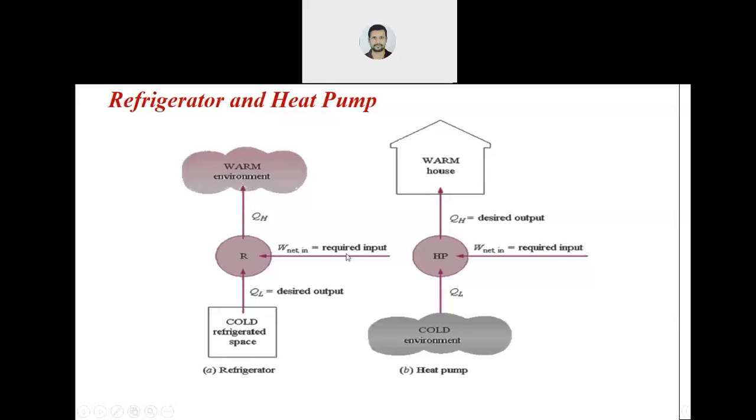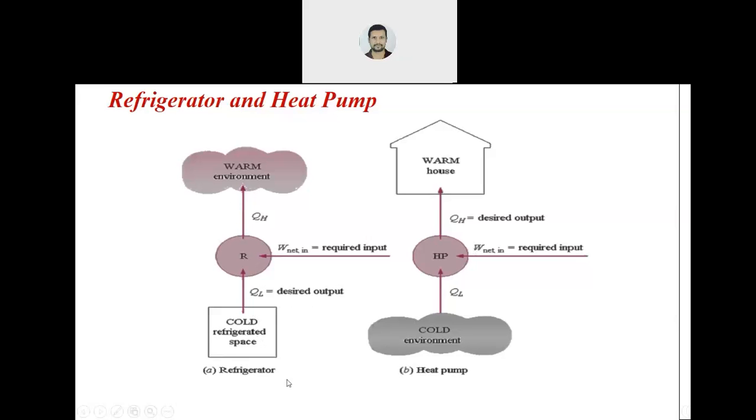So W net is nothing but the required input, and this QL is nothing but the desired output or desired effect. Why? This is our body which we want to cool. So the heat coming out from the cold body is our desired effect in the case of refrigerator.